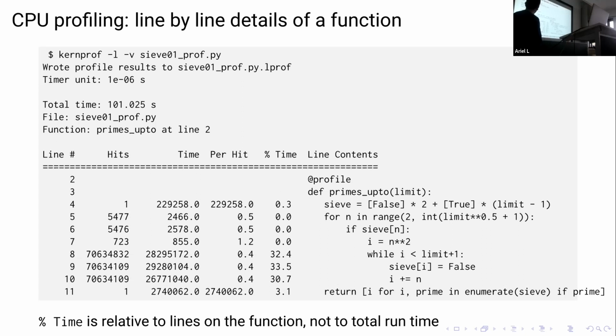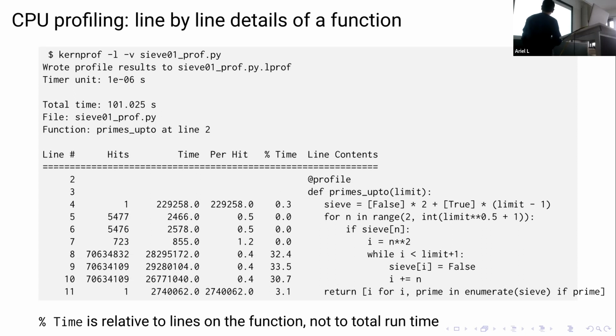So we see that the biggest number of hits is in the most internal loop, the loop that is being executed for each n, and then doing all the displacements on multiples of n up to the limit. It was expectable that we were going to spend most of the time here.